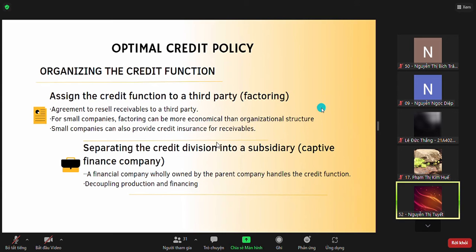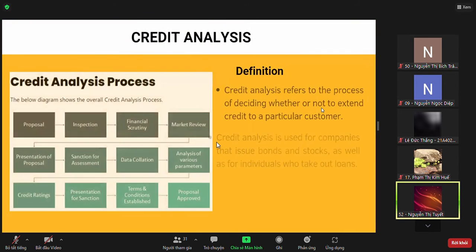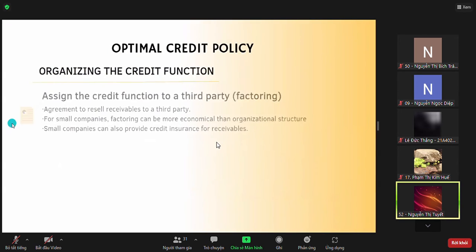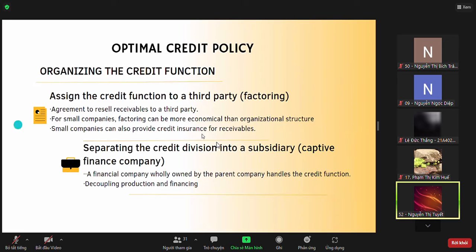A firm often extends credit through captive finance companies, which are simply wholly owned subsidiaries that handle the credit function for the parent company. For example, Ford Motor Credit (FMC): Ford sells to car dealers, who in turn sell to customers, and FMC finances the dealers' inventories of cars and also finances customers who buy the cars.